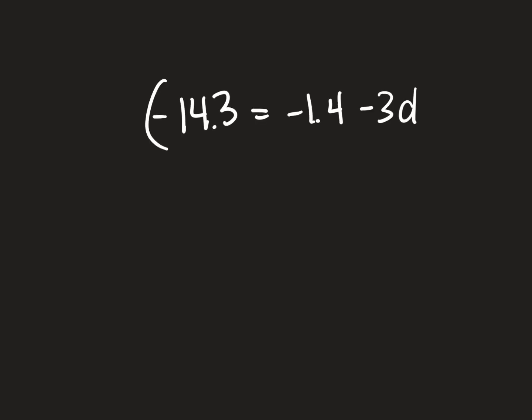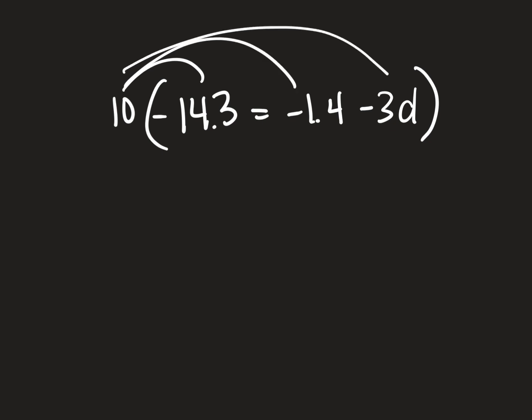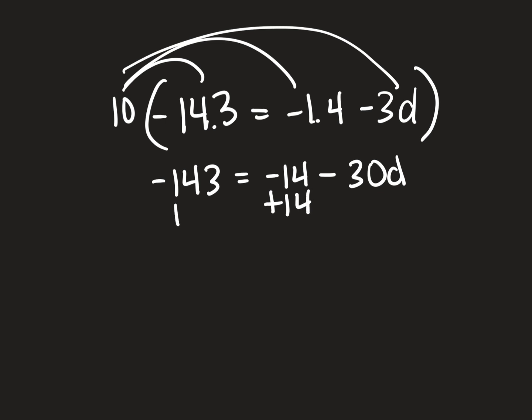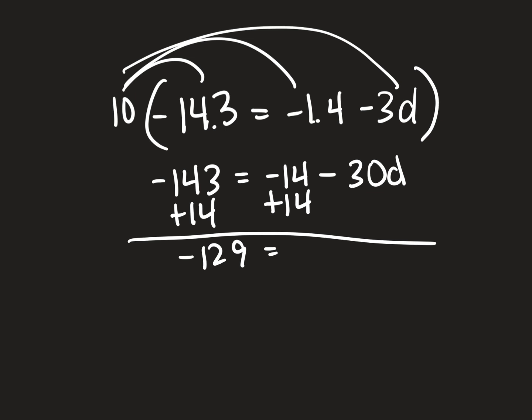I'm going to do this same problem using the strategy of multiplying by 10. When I multiply by 10, I get negative 143 equals negative 14 minus 30d. And when I add 14 to both sides, I get negative 129 is equal to negative 30d.